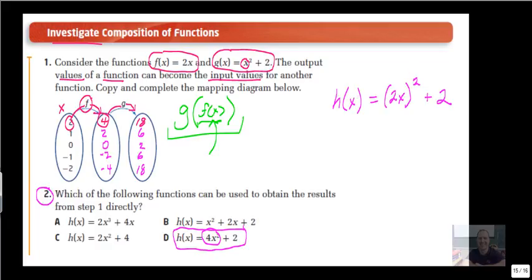And I want you to notice, and this is the tricky part, but the most important, that this larger function is something squared plus 2. That's the larger outside function. And what is inside of it is what goes in the variable spot. So you see how f of x has been put inside of g of x here? This is f of x, and this is g of x.